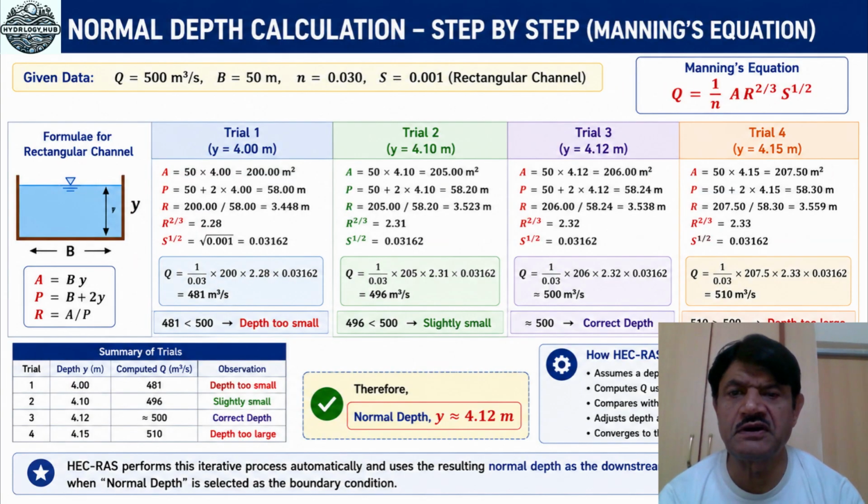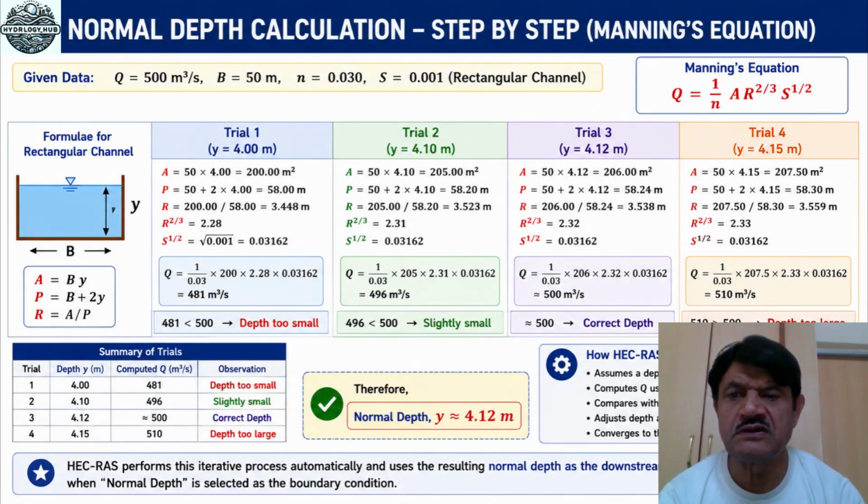HEC-RAS follows an iterative approach. It begins with an assumed water depth. Using Manning's equation, it computes the corresponding discharge. Then it compares the discharge with the specified discharge. If the two values are different, HEC-RAS adjusts the depth and repeats the calculation. This process continues automatically until the difference becomes very small.